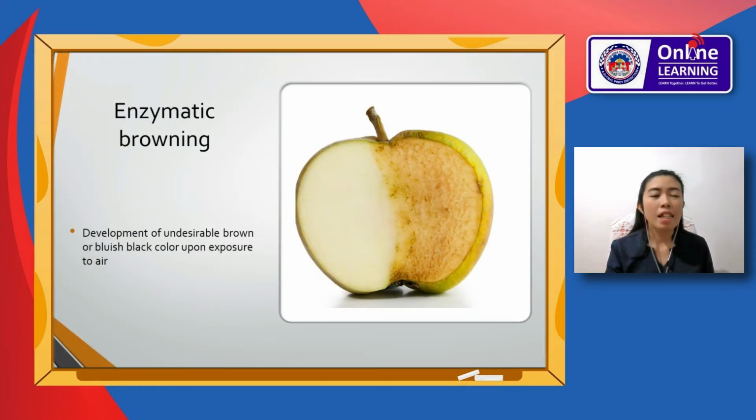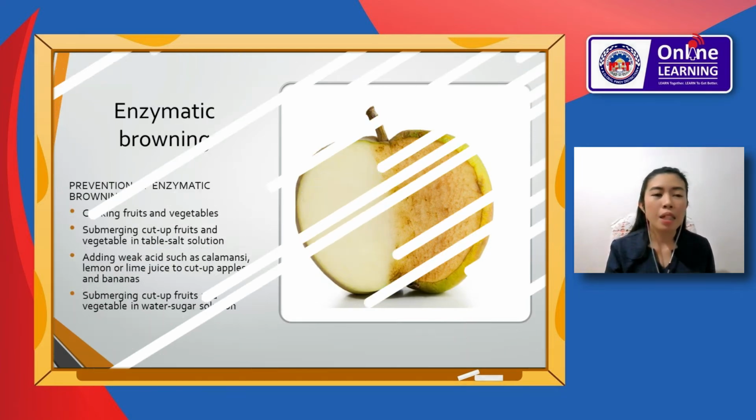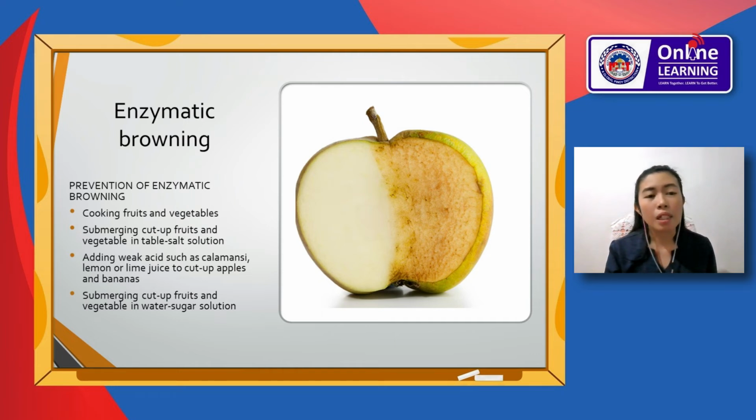And next one is the enzymatic browning. This is the development of an undesirable brown or bluish black color upon exposure to air. Okay, so here are the things to remember on how we prevent enzymatic browning.